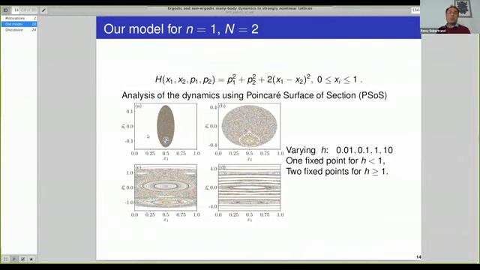So I was saying that for the case of two particles, the phase space is 4-dimensional, and for that we can use the idea of the Poincaré surface of section to visualize the trajectory. And in particular, this is very powerful to distinguish between two types of trajectories.